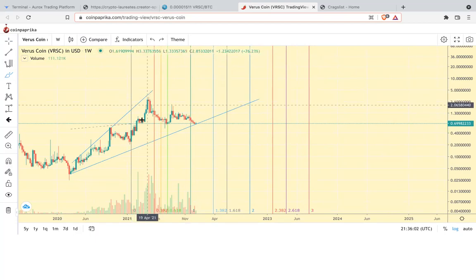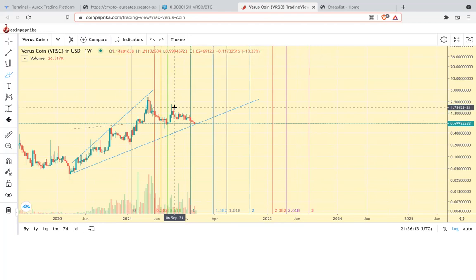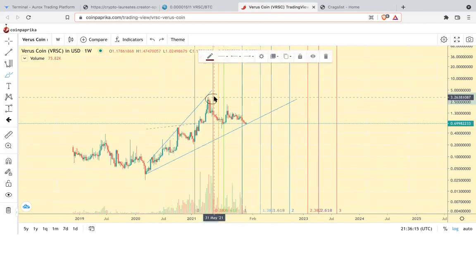Having said that, we are at a 61.8% type of move and we change direction, although it's not making a new high, but that's fine.